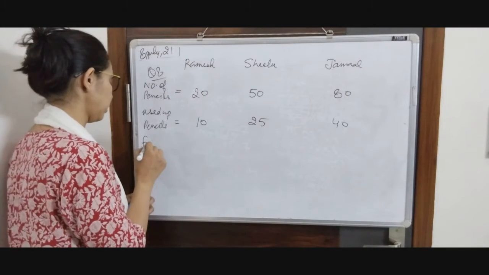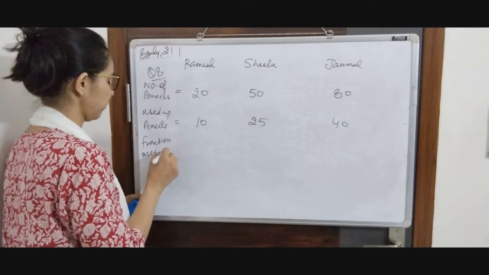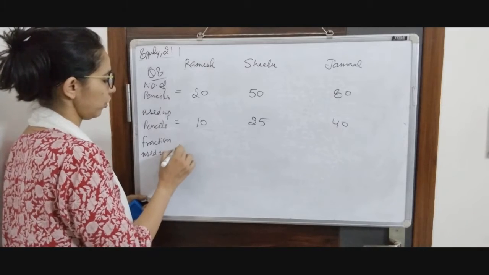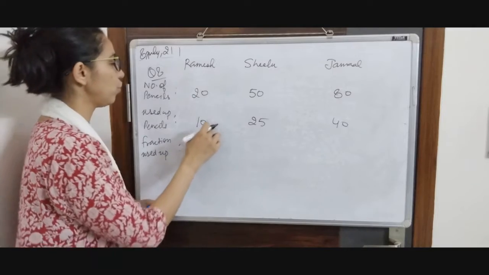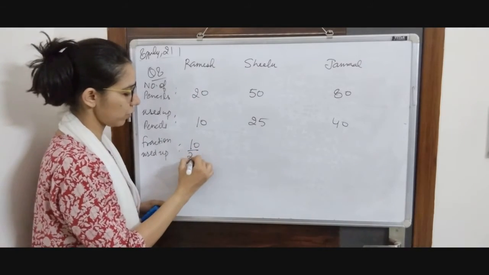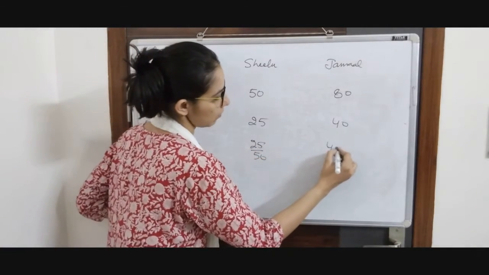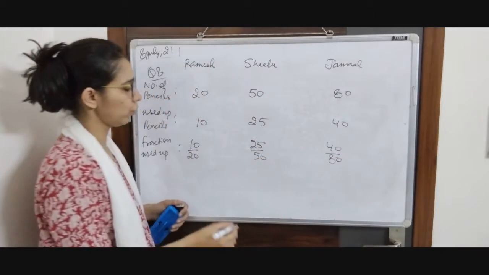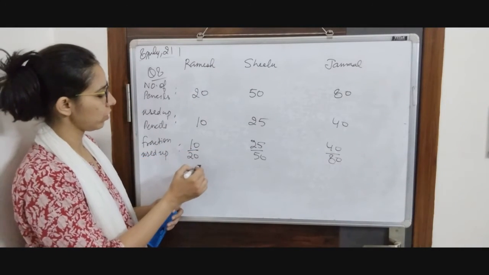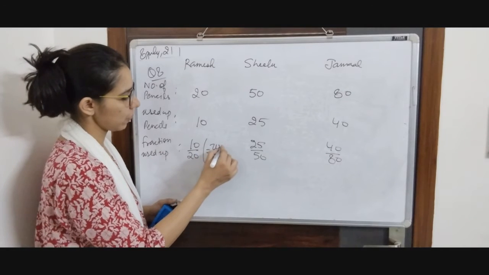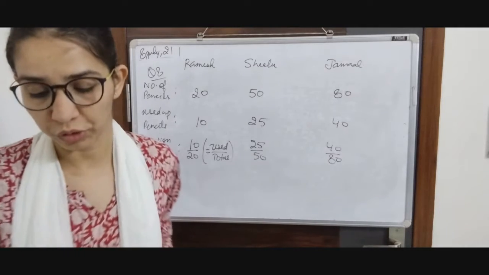The fraction used up is going to be used upon total. So 10 upon 20, 25 by 50 and 40 by 80. So this is the fraction they used up. The fraction used up is used pencils upon total pencils.